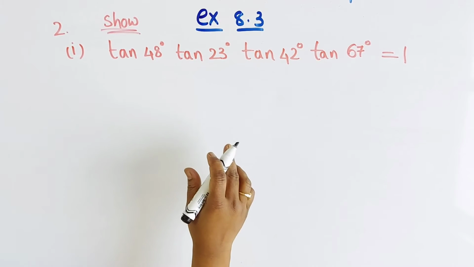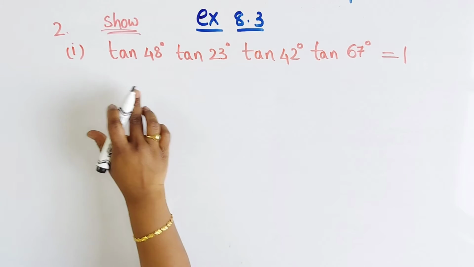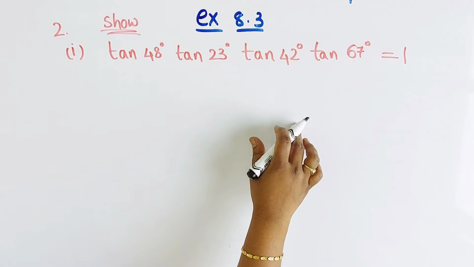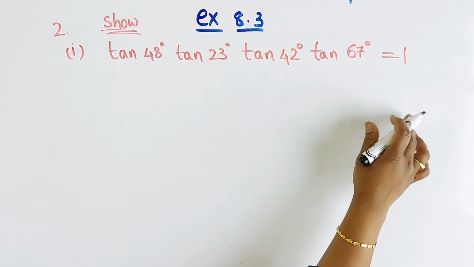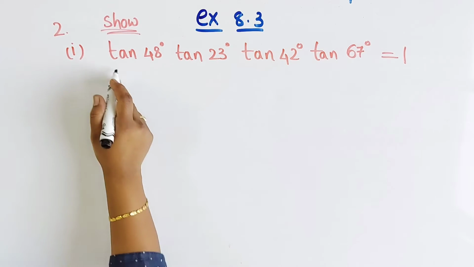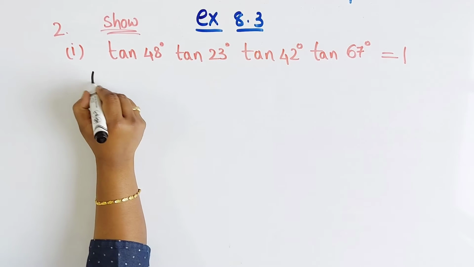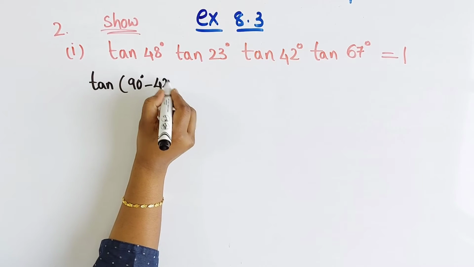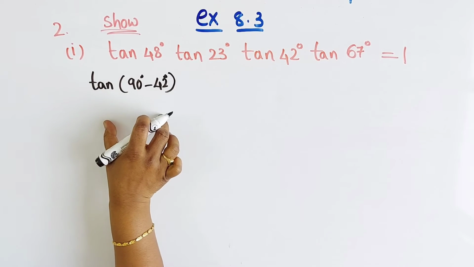Now second question, children. Show that tan 48 degrees, tan 23 degrees, tan 42 degrees, tan 67 degrees equal to 1, children. Okay, let's start. Here tan 48 degrees. Can I write tan 48 degrees equal to tan 90 minus 42? Correct?